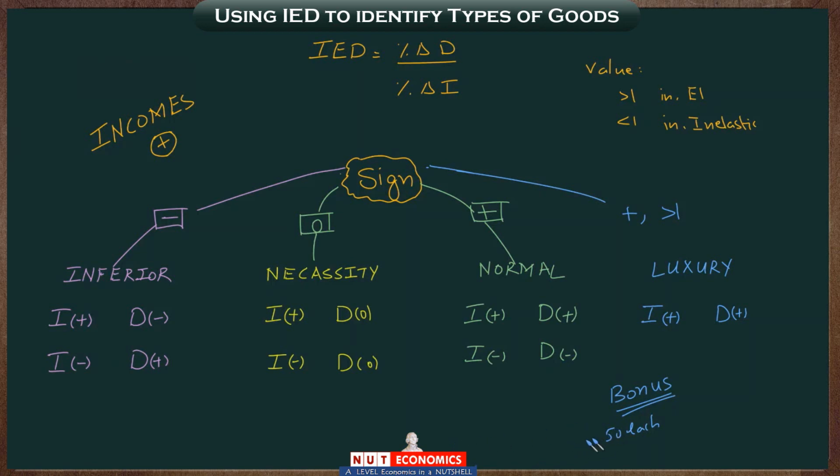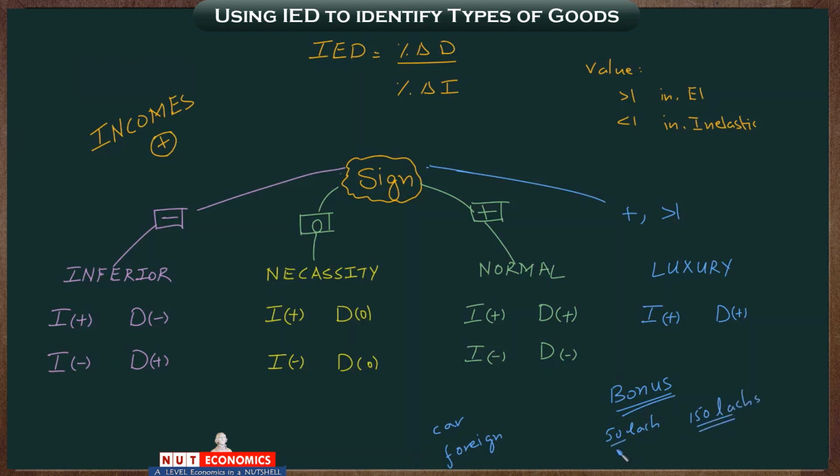Whereas, think of what you would do with this bonus and what you generally would see people doing. Buying something that they usually don't buy, a luxury such as a car, or maybe they go on a foreign trip. Now, let's say you are earning 150 lakhs, and I'm just making up numbers here, and you get a 50 lakh bonus. Then probably you had a couple of cars, and now you buy one more car.